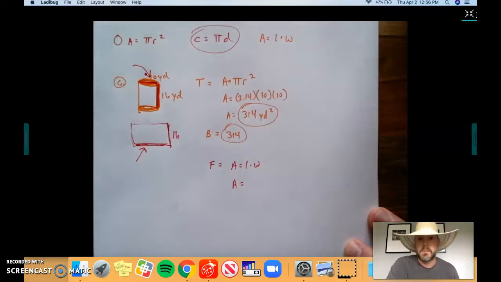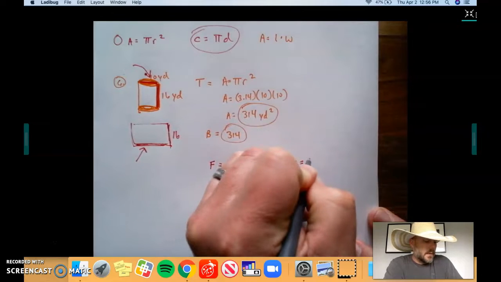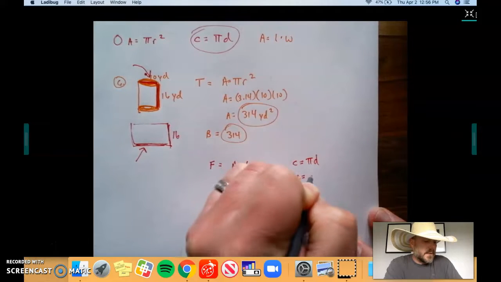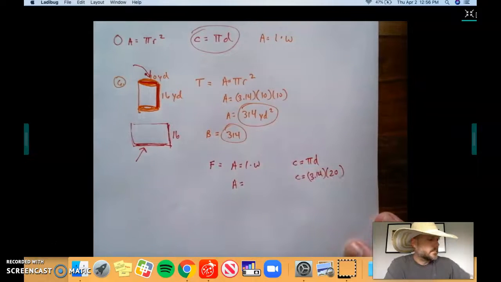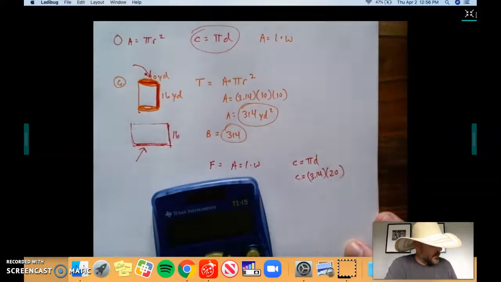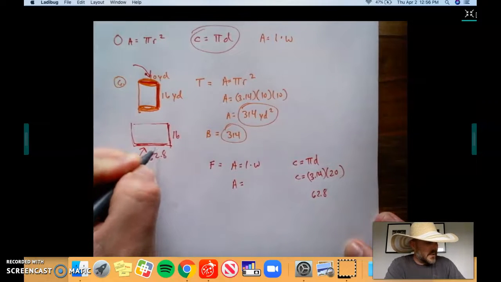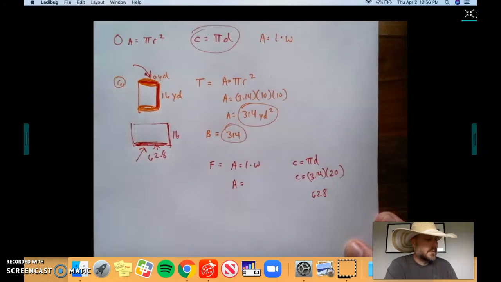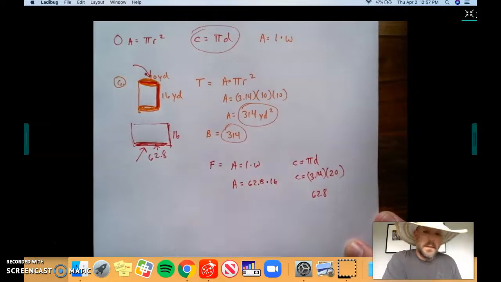So all the way across would be 10 times 2, which is 20. So pi times diameter is 3.14 times 20, which is 62.8. That is this dimension here, 62.8. So 62.8 times 16.